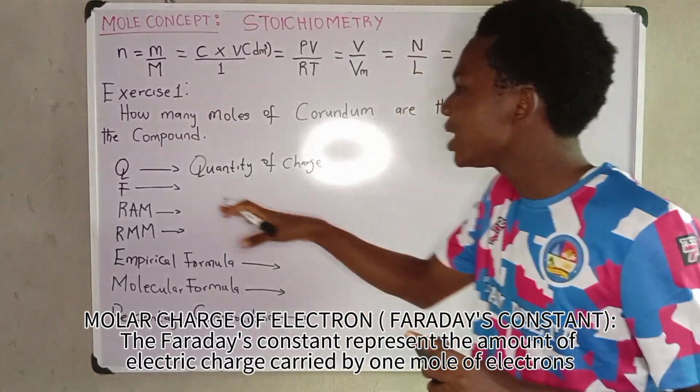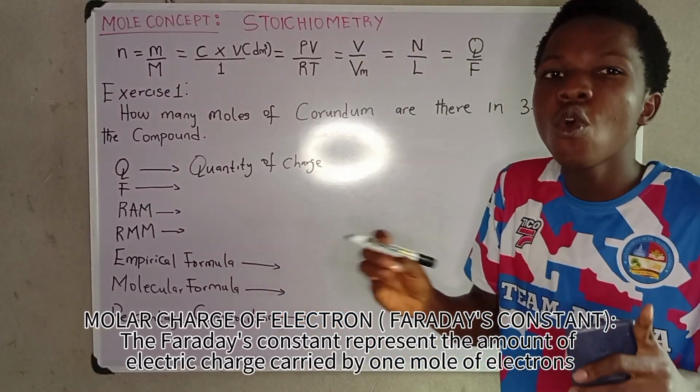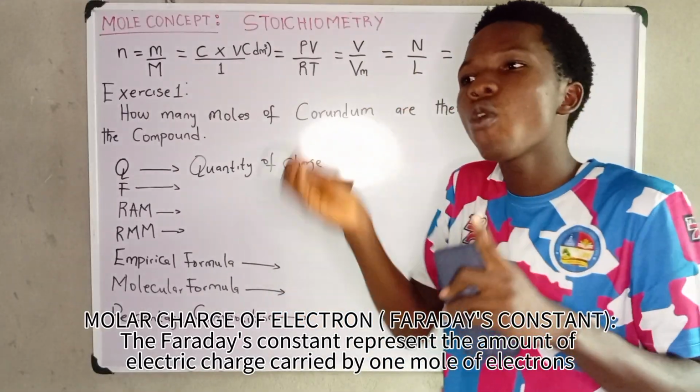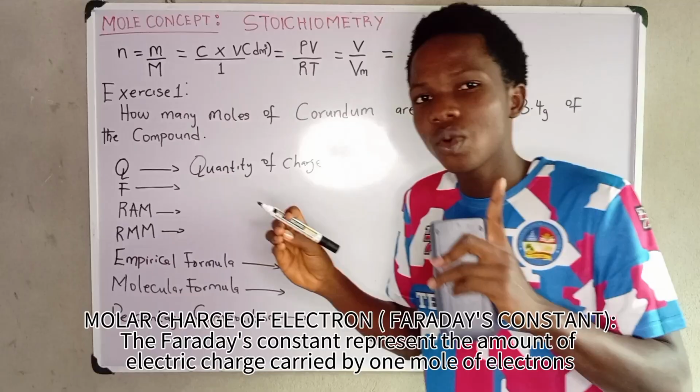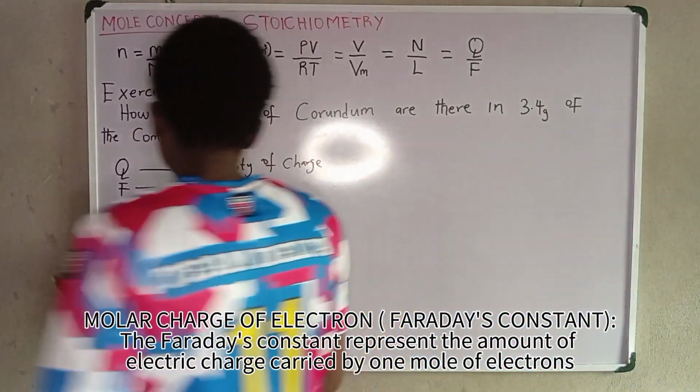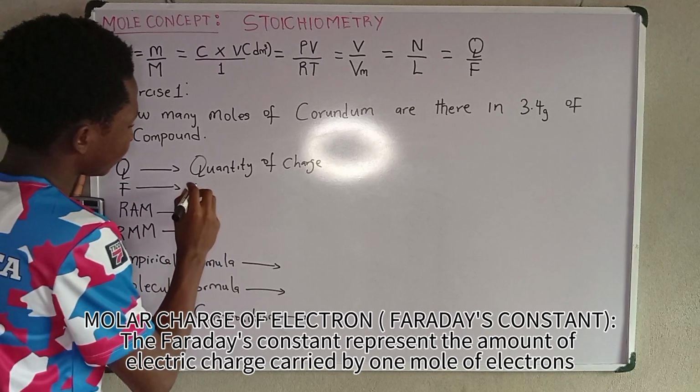Now, for this Faraday constant, remember every constant has its value. Faraday constant is also called what? Molar charge of an electron. Molar charge of electron. Okay, take note of that. So I'm going to write first before we define.